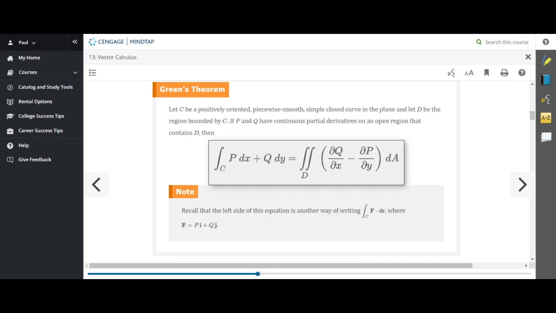And they go over a proof of this in the book, and I'll let you look at that proof if you want. But it mentions in the biographical note that George Green, who came up with this theorem, was the first person to try to formulate a mathematical theory of electricity and magnetism, and his work is the basis for electromagnetic theories that came later of Thomson, Stokes, Rayleigh, and Maxwell.